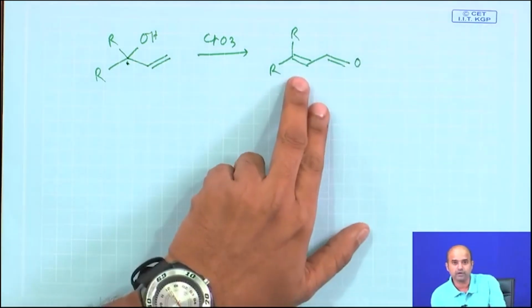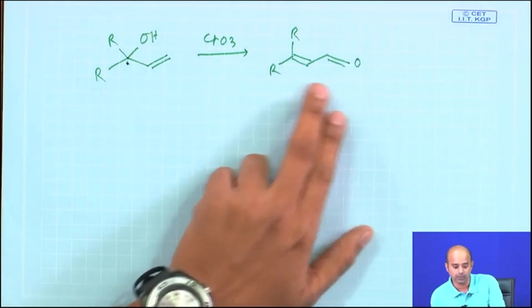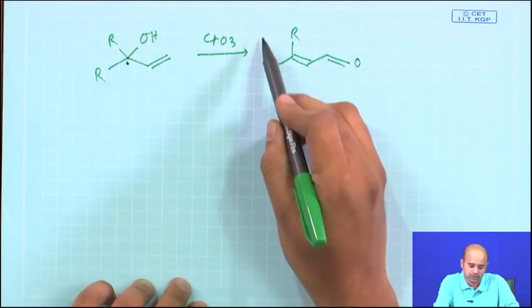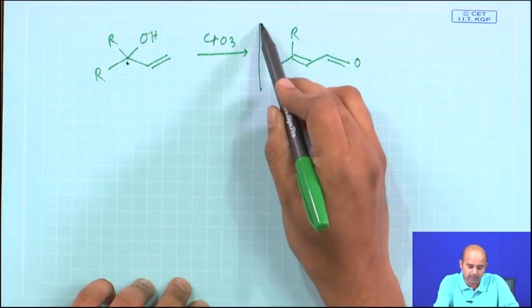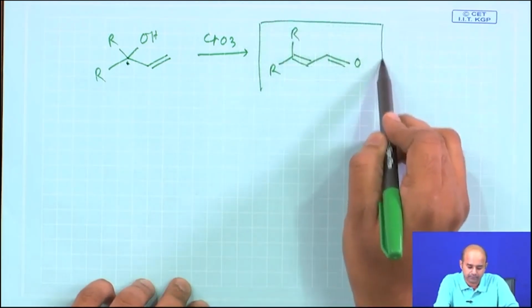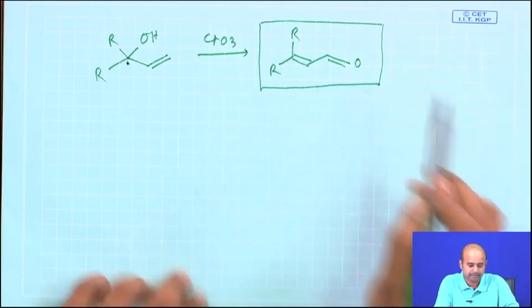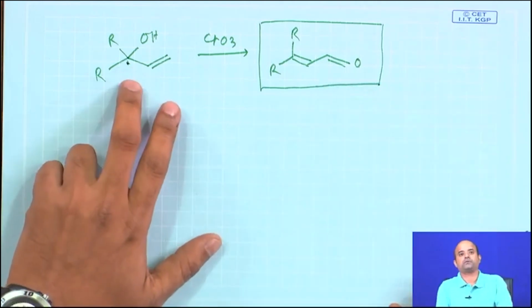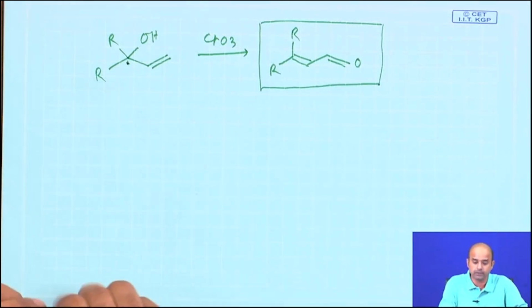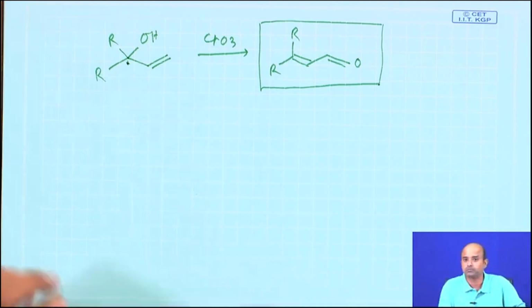So, whenever you are trying to make an alpha beta unsaturated aldehyde of this kind of structure, you can think about a Babler oxidation protocol starting from this starting material. Babler oxidation is very useful for giving you alpha beta unsaturated compounds depending on the reaction conditions.